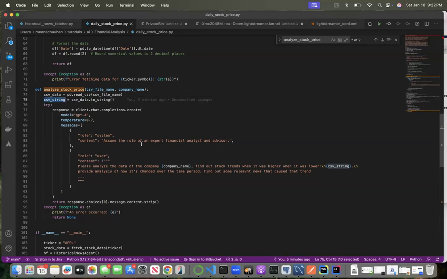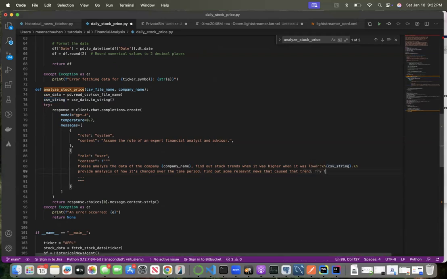in addition to finding out the trends, I've also asked OpenAI to analyze how it's changed over time and find some relevant news that caused that trend, which means some relevant news on why it went up or why it went down.